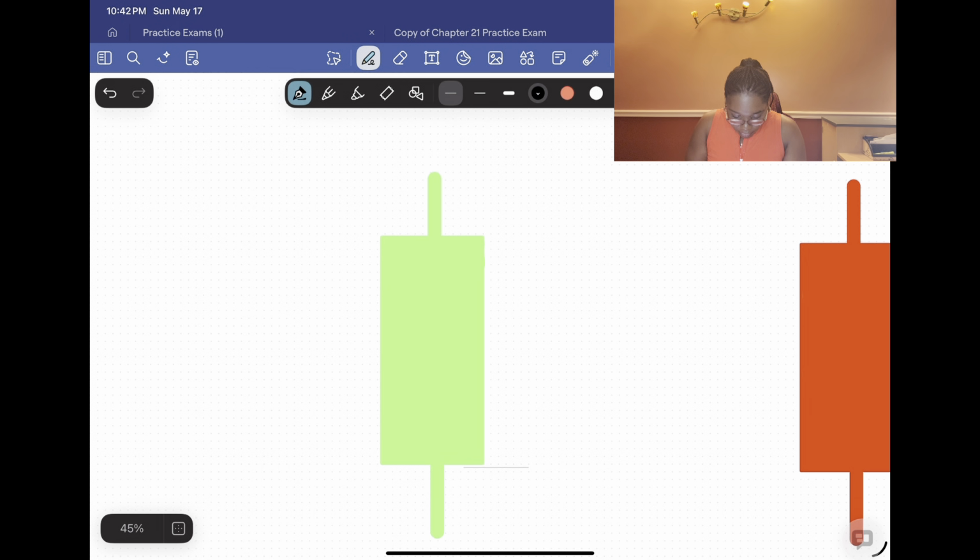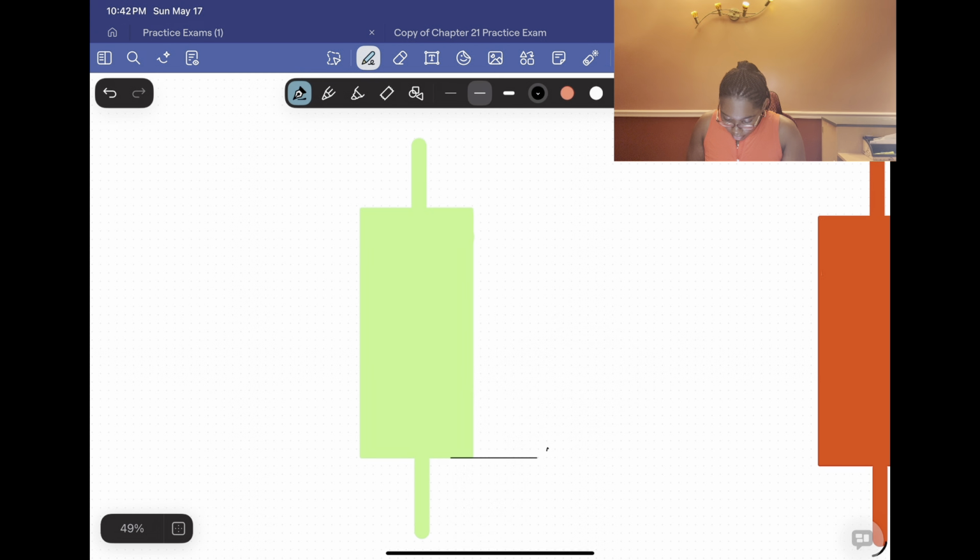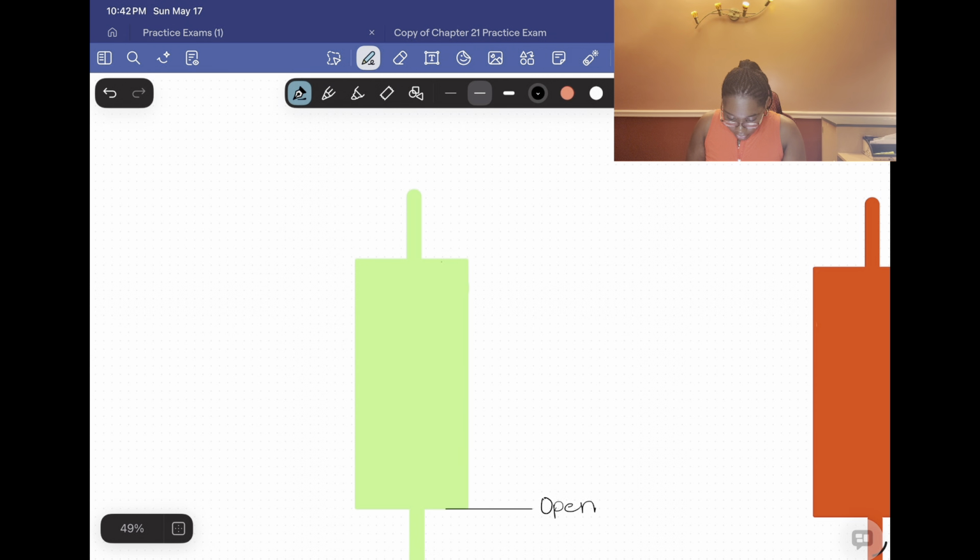So this bottom part right here, this is the open of the candlestick. And then here we have the close.